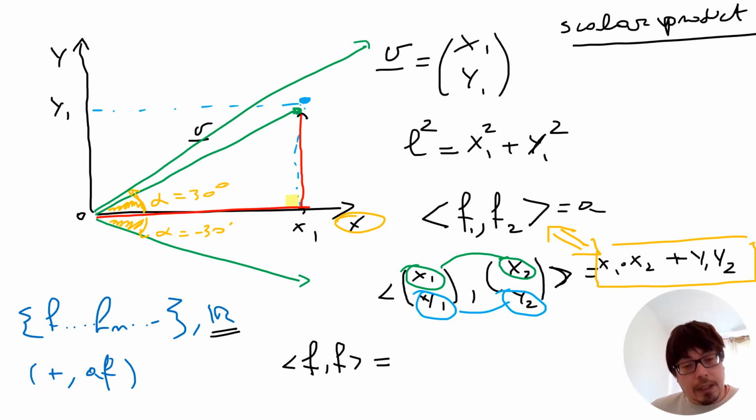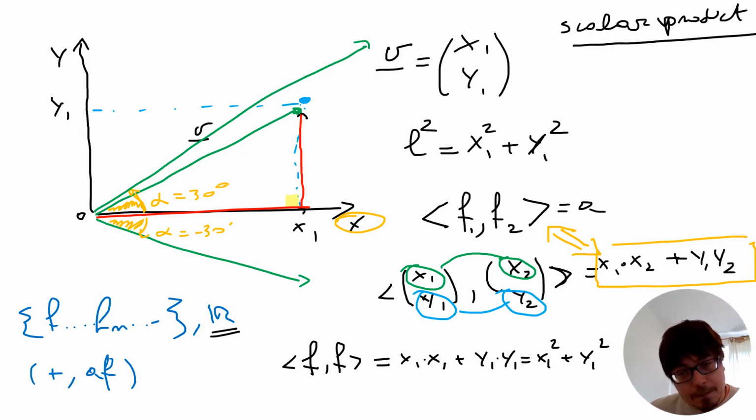Of course, if you take the same vector and apply the rule, you will have x1 times x1, and if I draw what I say it's easier, plus y1 times y1. But this is x1 squared plus y1 squared.